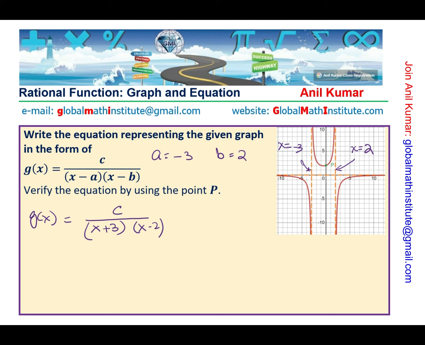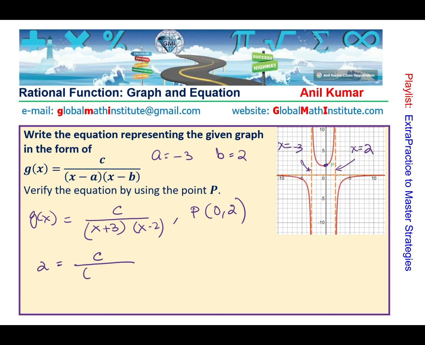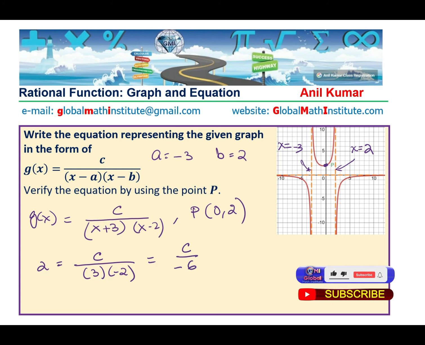Now look for the point. Point P is the y-intercept given to us as 0, 2. So write down point P as 0, 2. Substitute in the function to find the value of c. So we have 2 equals c over (0 plus 3) times (0 minus 2). Perfect. So which is c over minus 6.